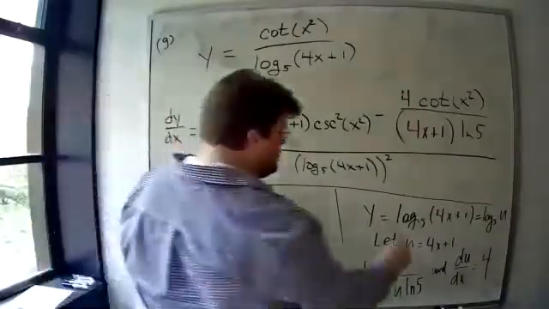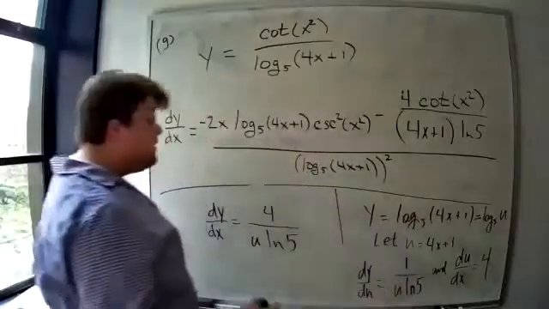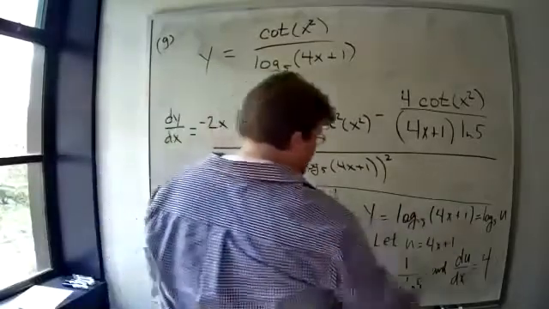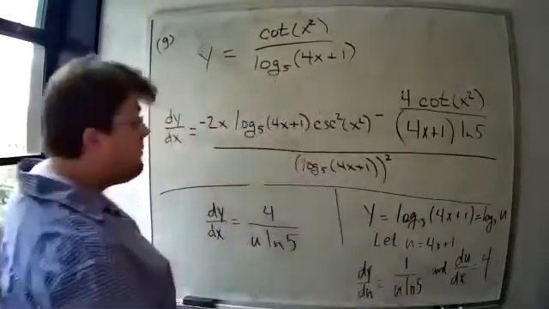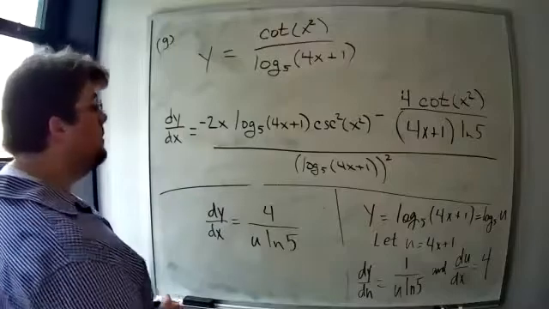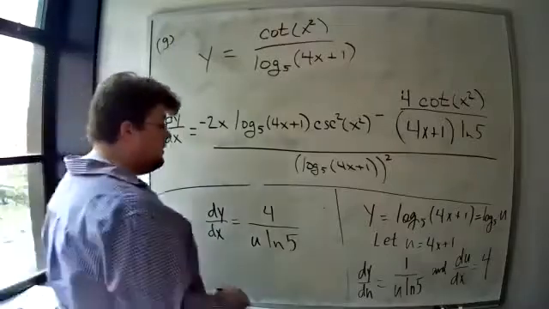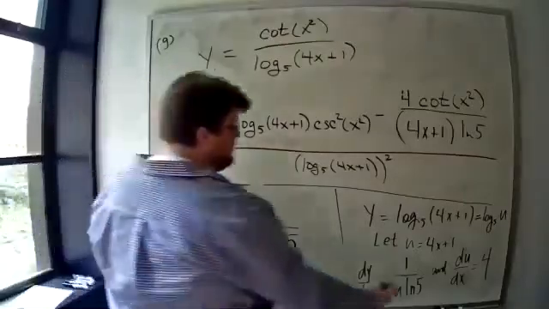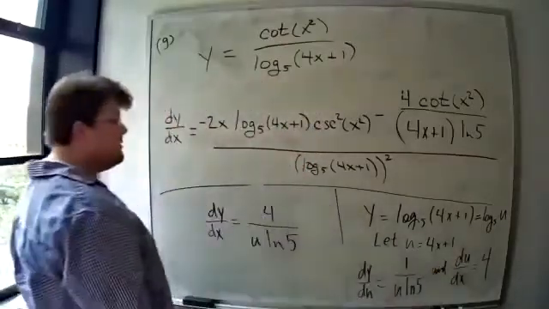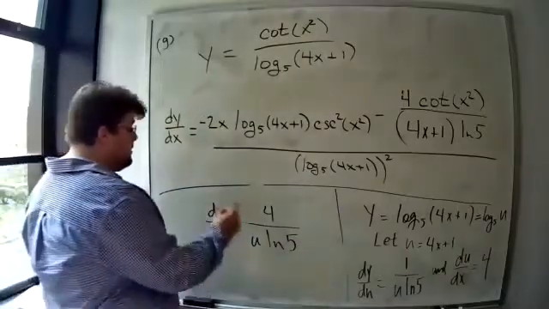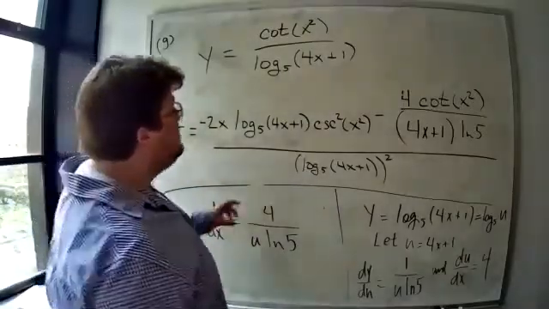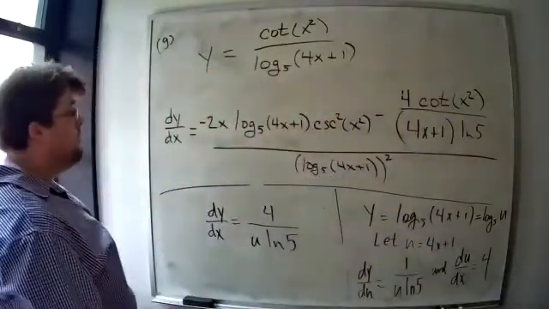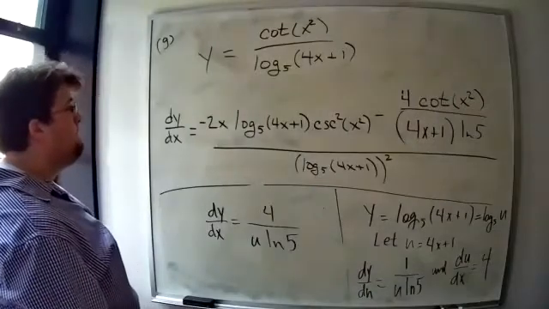And this is a fraction because the derivative of a logarithm is a fraction. So the derivative of a logarithm of anything takes that form. Okay. So we have the derivative of logarithm of u, 1 over u log 5, and the derivative of 4x plus 1 is 4. Multiply them together, we get this. And what we needed to do was put that over here when we took the derivative of the bottom.